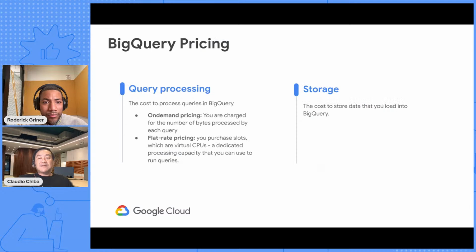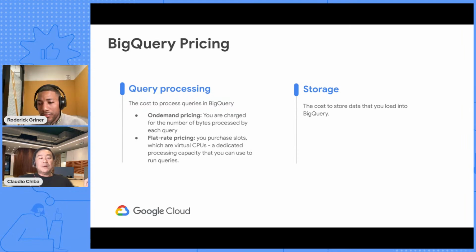So, with this architecture in mind, the price model for BQ is divided in two big areas: query processing and storage. The cost of storage is for the data that you load into BigQuery. Query processing can be in two models: on-demand, pay as you go, for the number of bytes processed by each query, or flat-rate pricing when you purchase slots, which are virtual CPUs.